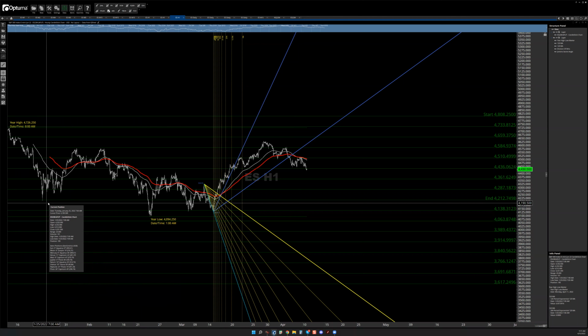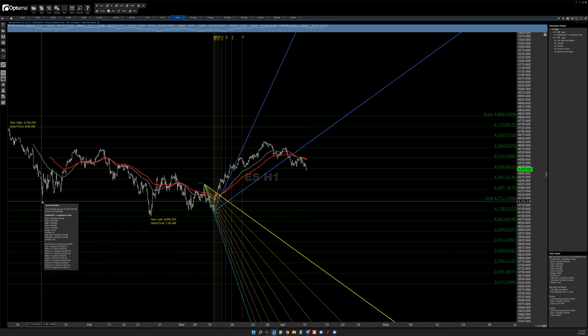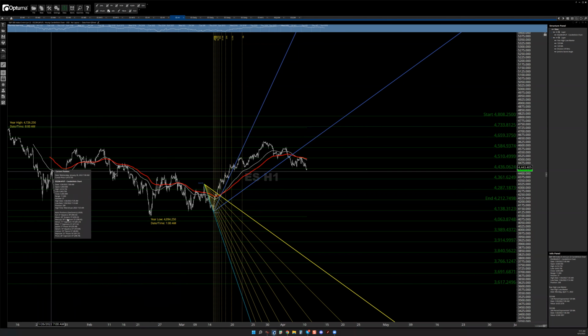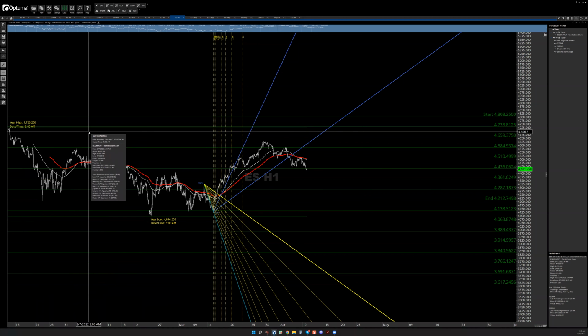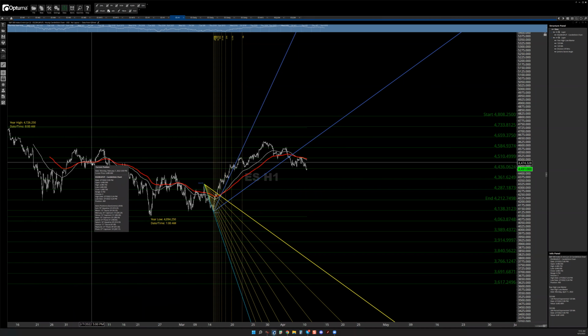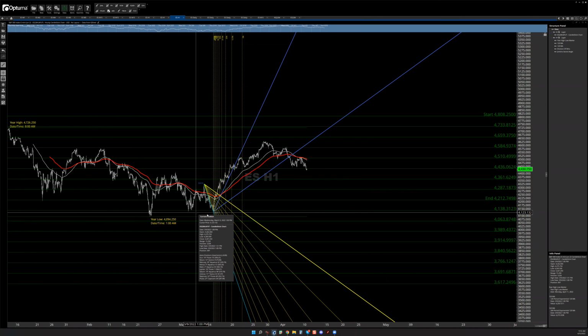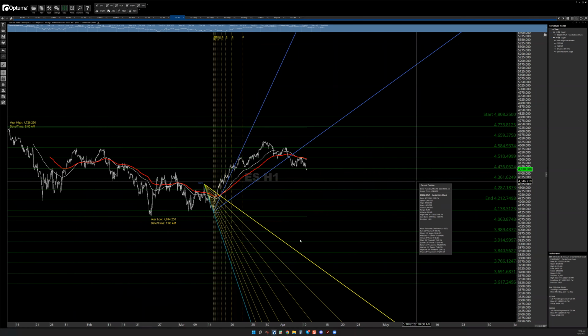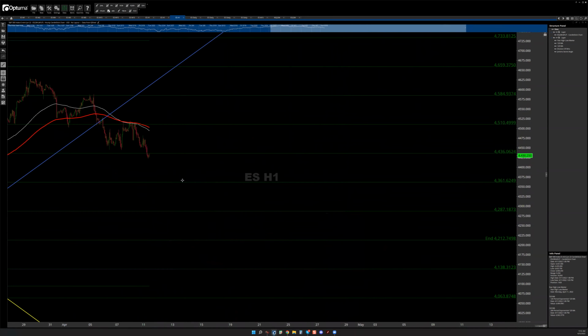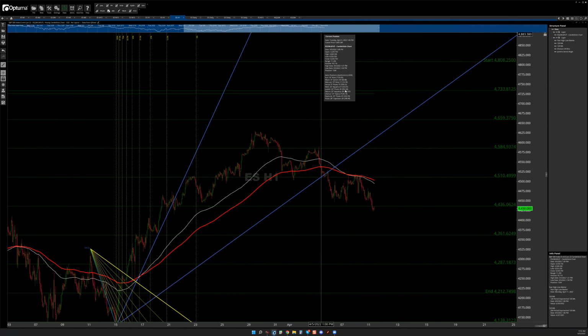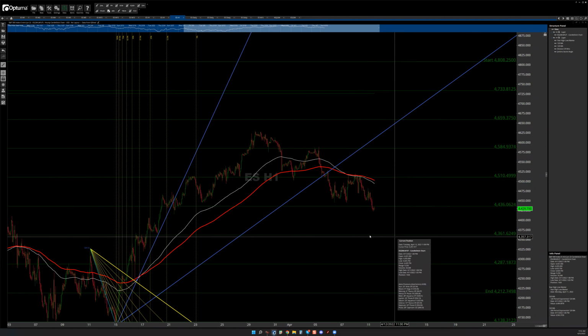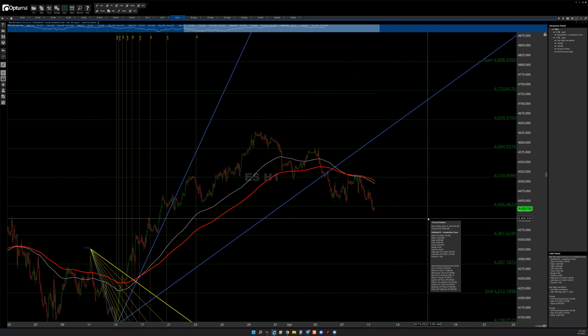I think at some point this was the low, and so it got calculated somewhere in here. This creates a pattern that you can then extend upwards and downwards and give you some critical levels.